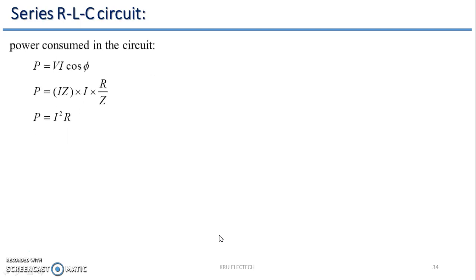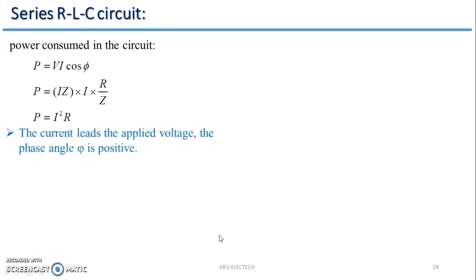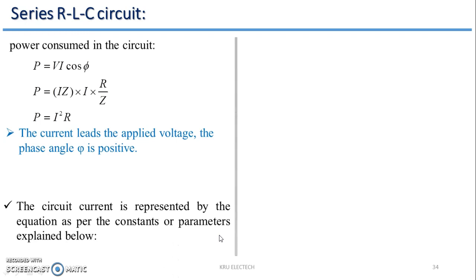So here is the power consumed, again the same as the previous case, that is I square R. The applied voltage, the phase angle is positive. In the previous case phi is negative, in this case phi is positive, because the capacitive drop is larger and the capacitive current is leading the voltage. You know that well.